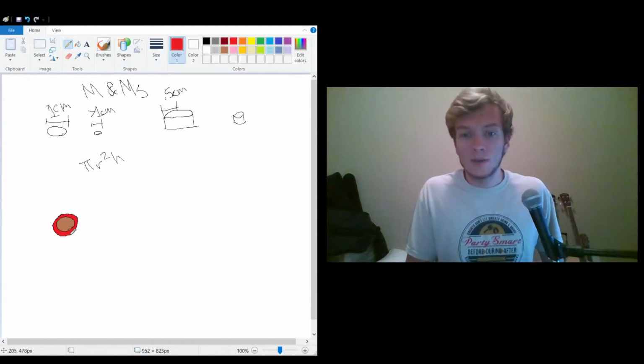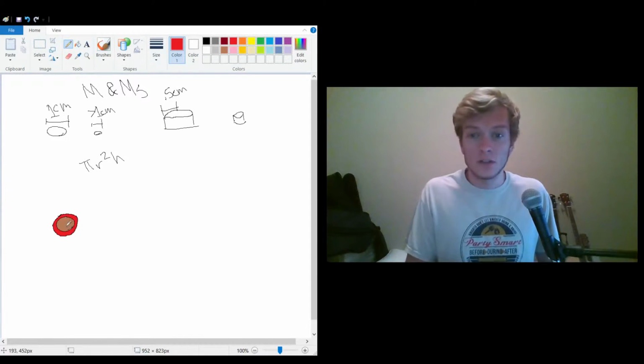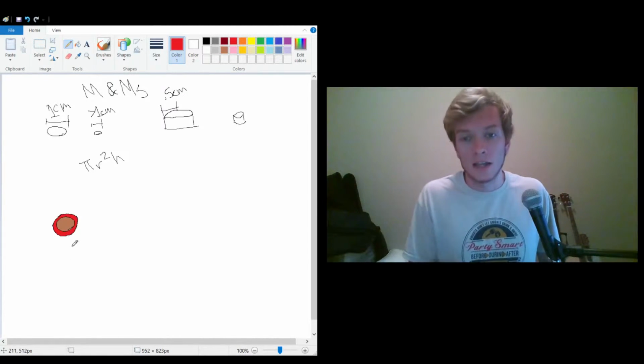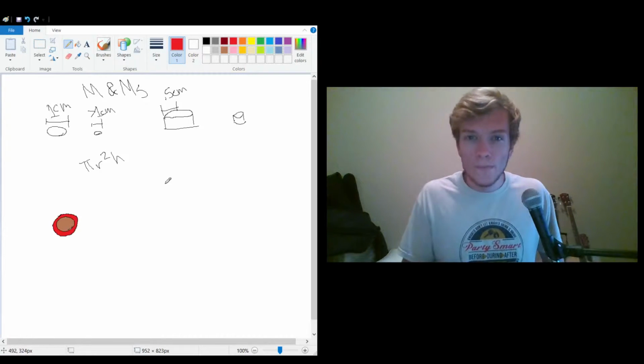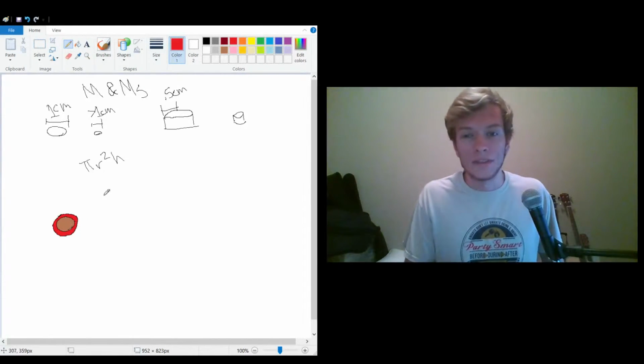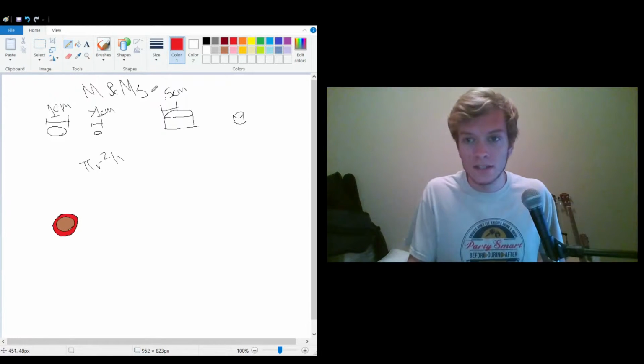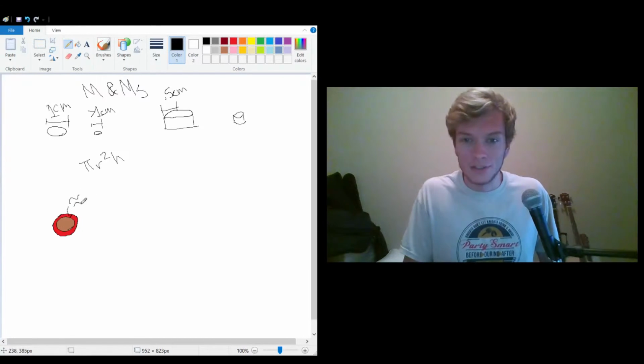So we have our red M&M here. It's a cross section. So we see the chocolate in the center, and then we have this candy coating on the outside. Now, let's just assume that this candy coating has a negligible width. So this distance here, from here to here, is approximately zero.